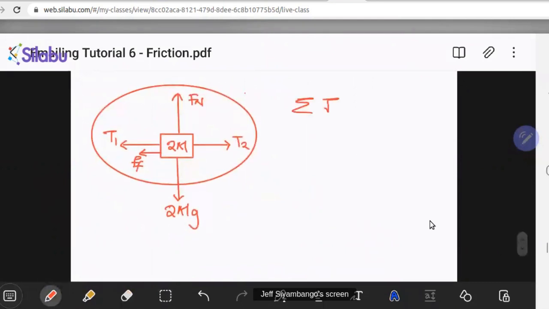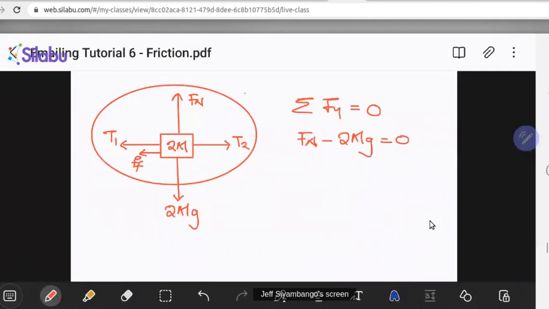It's up to you where you want to start. Block 2 is not going up or down. It is sliding in the horizontal direction, so the acceleration in the y will be 0. So Fn goes up, positive, minus 2mg going down, and this will be equal to 0.